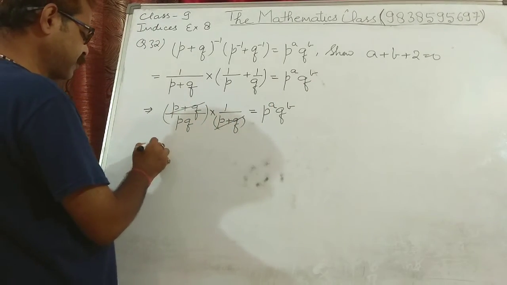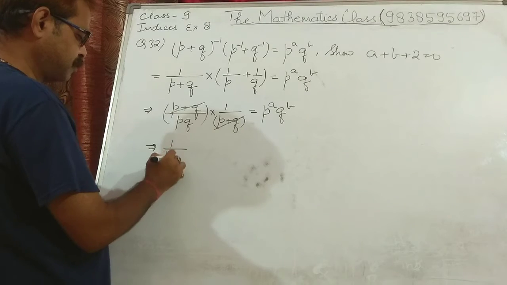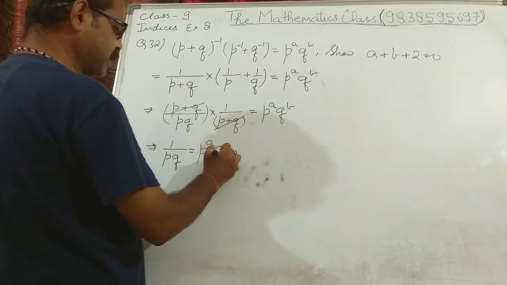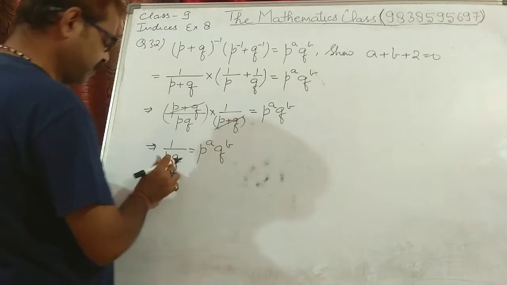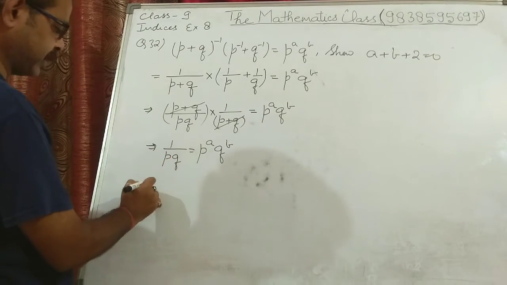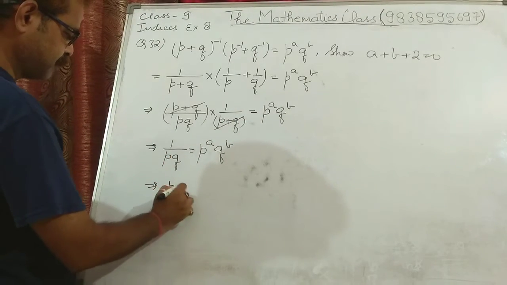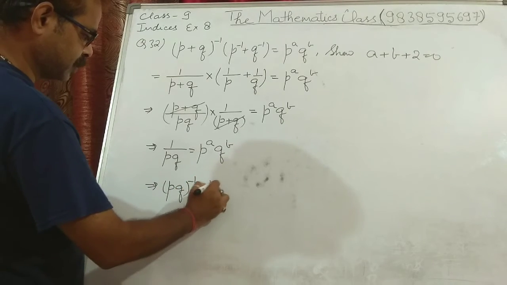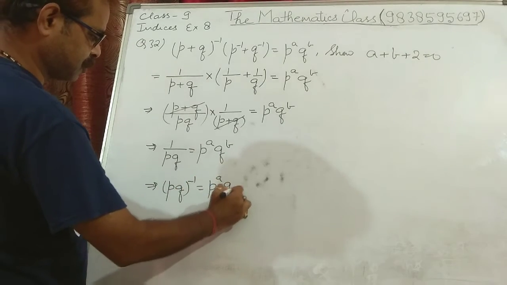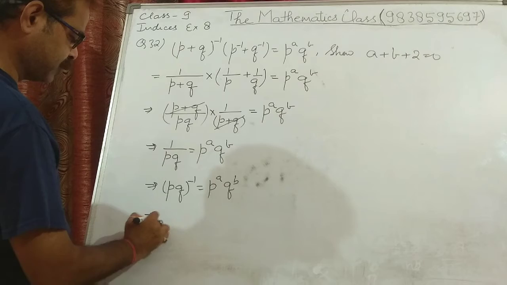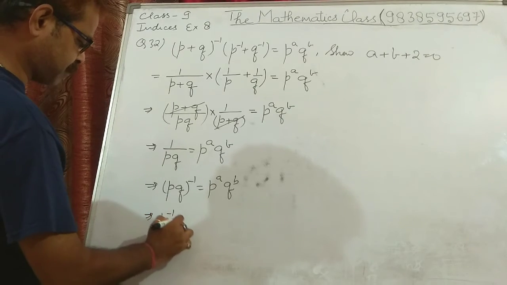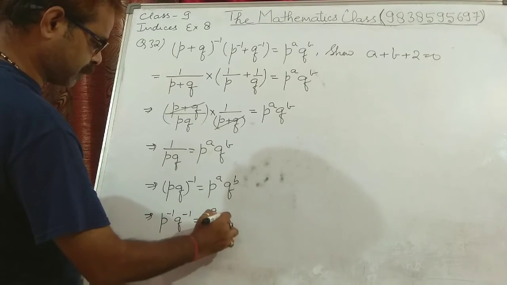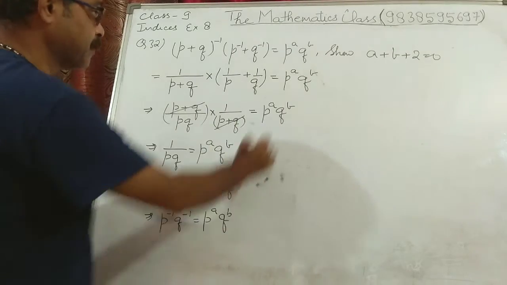So what are you left with? 1 upon pq is equal to p to the power a, q to the power b. When this pq comes to the numerator, it can be written as pq whole power minus 1 is equal to p to the power a, q to the power b. Or when you separate, it can be written as p to the power minus 1 and q to the power minus 1 is equal to p to the power a, q to the power b.